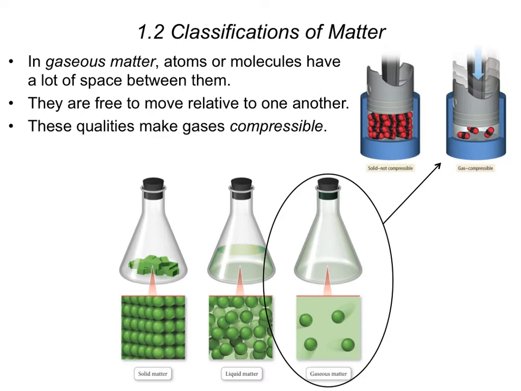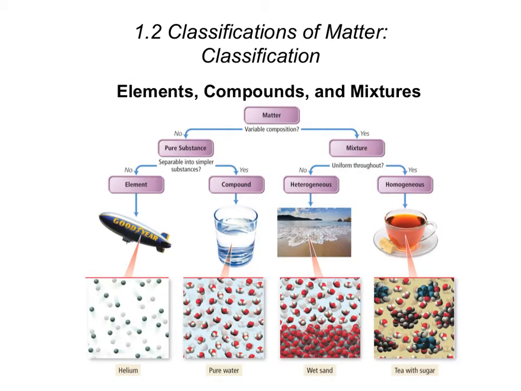So because of that, gases take on both the volume as well as the shape of whatever container they're in, okay? And that also makes gases compressible, meaning that you can compress them into smaller volumes. You can't do that for liquids, you can't do that for solids, okay? But solids, liquids, gases, you should know how to categorize each depending on their little properties, okay?